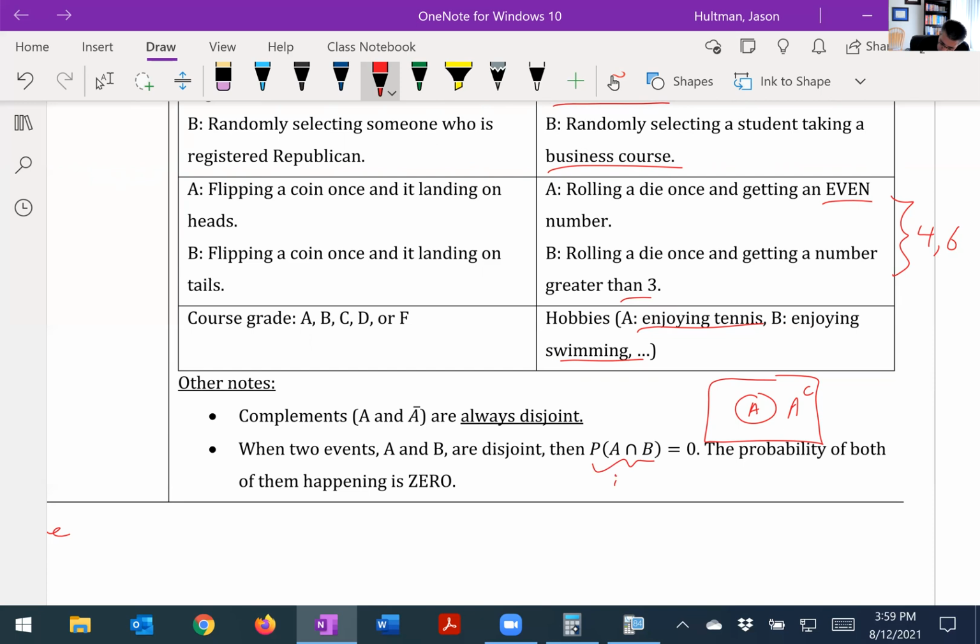Remember, intersection was the overlap. So when they're disjoint, the probability of the intersection is 0.